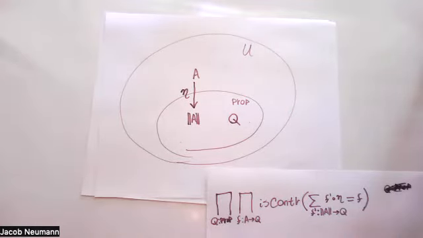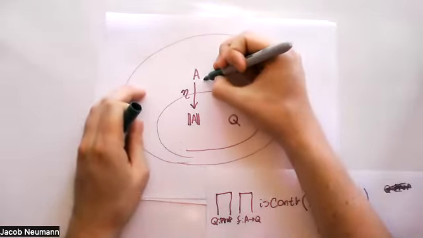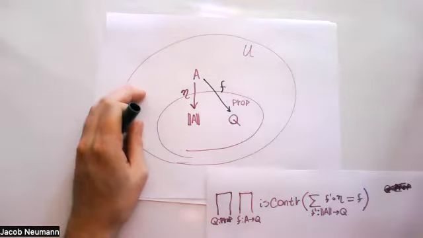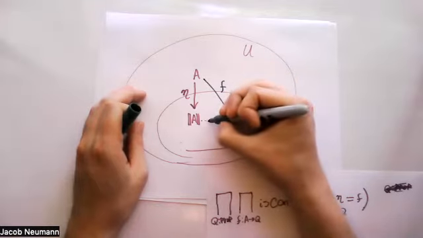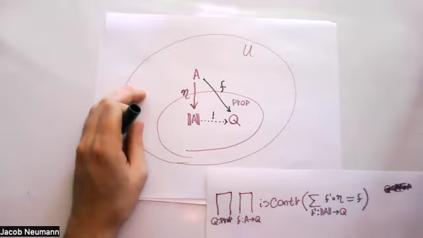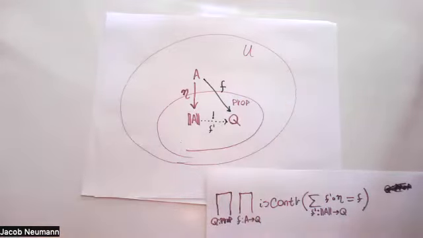And so what the universal property says is that for any F here, this is our F, there exists a unique map here, which is our F prime.